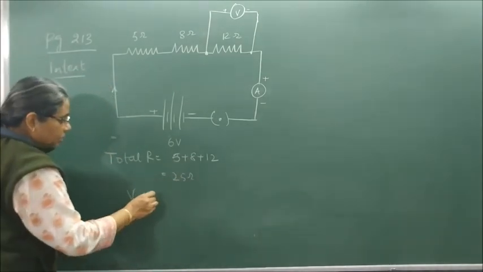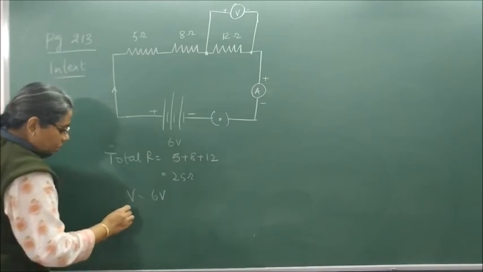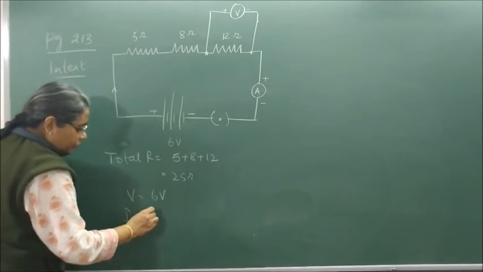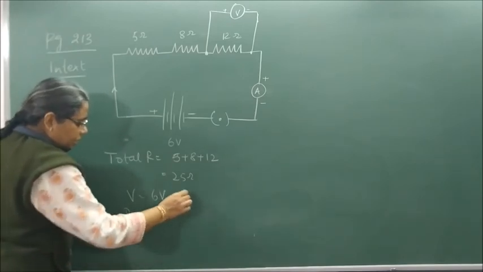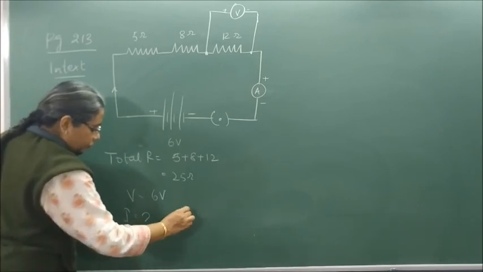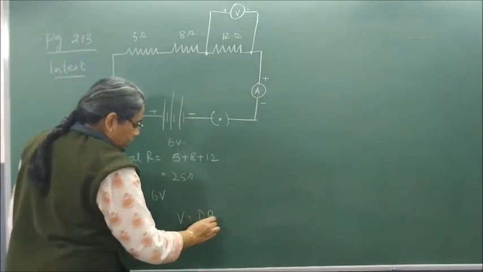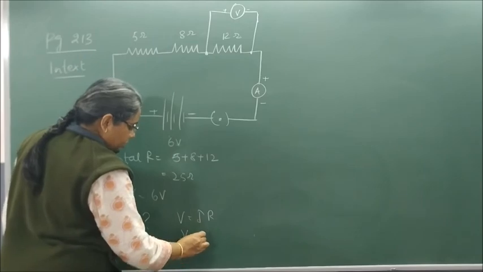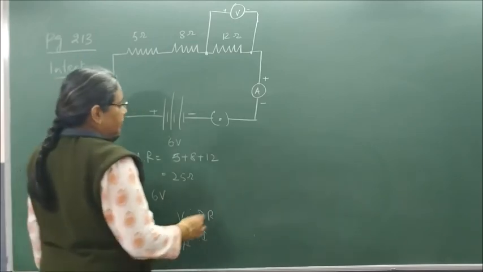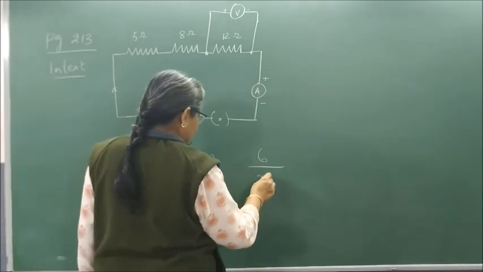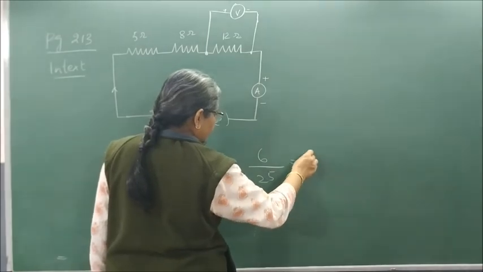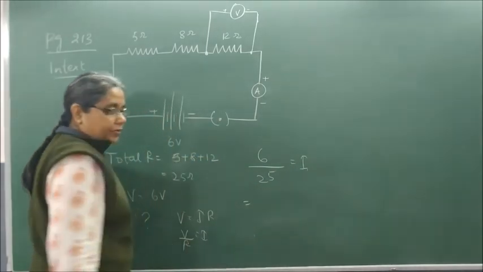Okay, V is given as what? 6 volt. V is equal to IR. So V by R is equal to I. V is 6, R is 25, is equal to I. 6 by 25 is how much?